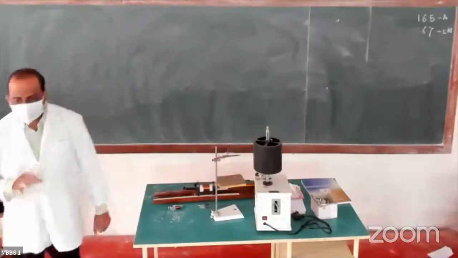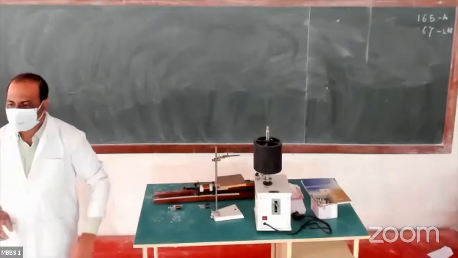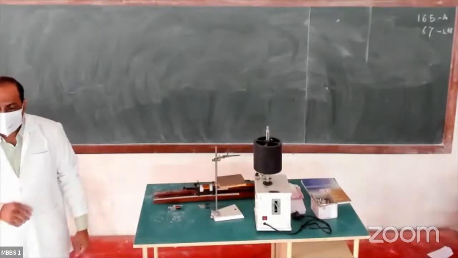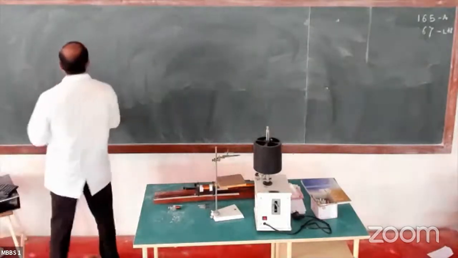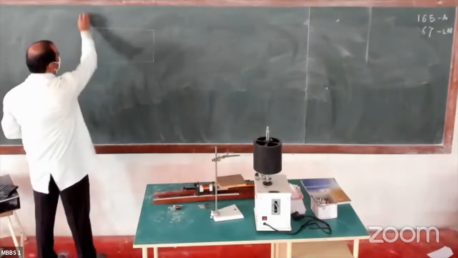Now, whatever graph we have discussed on the board, you have to draw the same graph on a plain paper, and suppose there is an ideal graph in your journal at this location. Suppose this is your page.